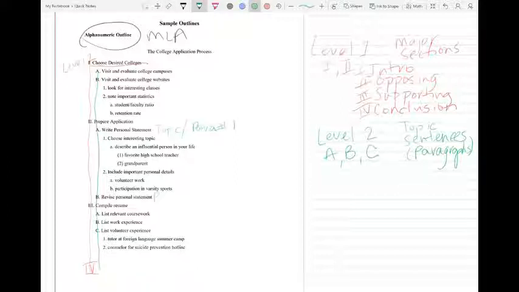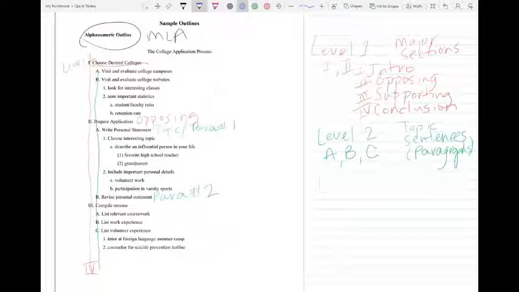Okay, so this down here would represent paragraph number 2. Okay, and then just so you can see it all together, since it's Roman numeral 2, this would represent your entire opposing side. Of course, you're going to separate that opposing side into multiple paragraphs. So then you'll outline what each of these paragraphs will include with your level 2s.